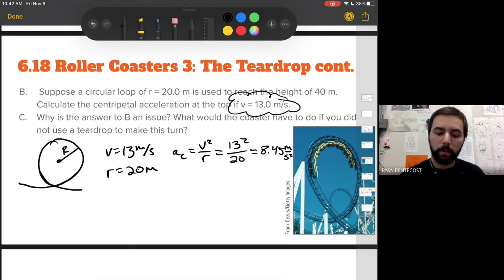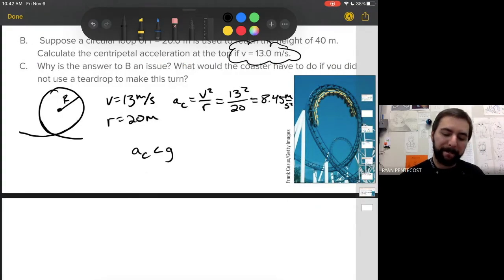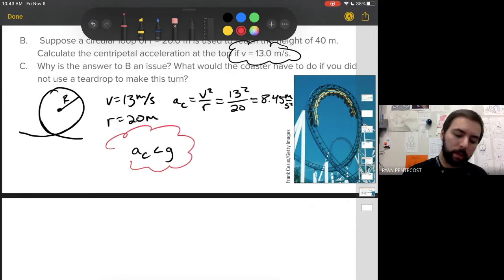So if we're using a circular loop, well, first we see that AC is actually less than G. So the acceleration to make this turn is actually weaker than gravity. But you can't escape gravity. So this is going to cause us an issue here. That means that we are going to have G affecting us.